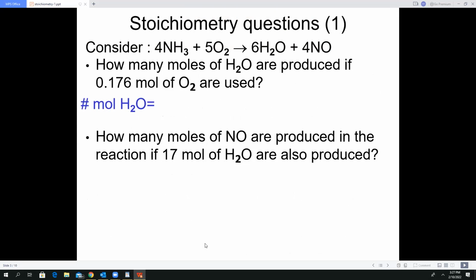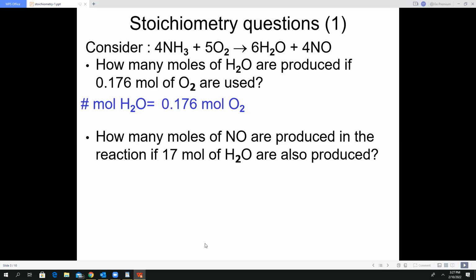Okay, so how many moles of water are produced if that many moles of O2 are used? Okay, so we start with what we know, which is 0.76 moles of O2. Then we convert that to whatever they're asking us, which is water, but we need that ratio first.